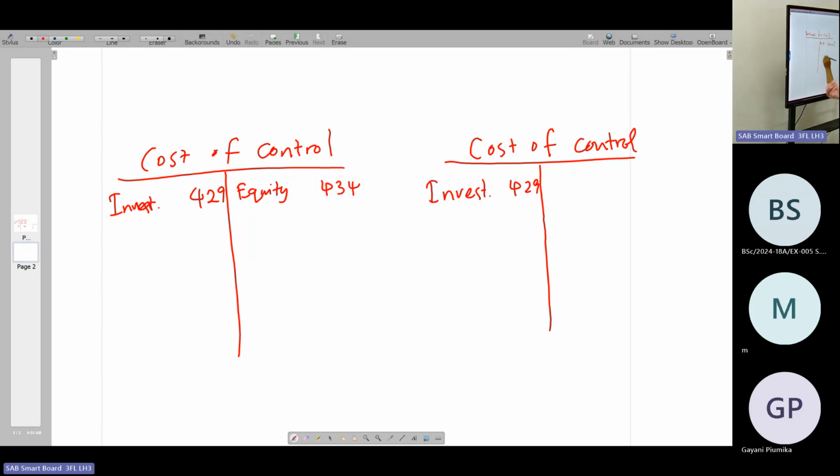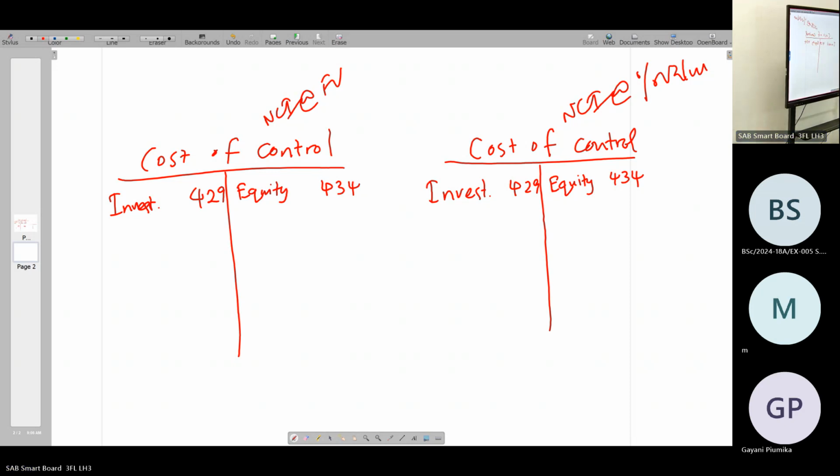Right, good. Next, we will build it this way. NCI at fair value, and then NCI at proportionate value of net assets. The NCI fair value method: that is the formula, that's what I want.